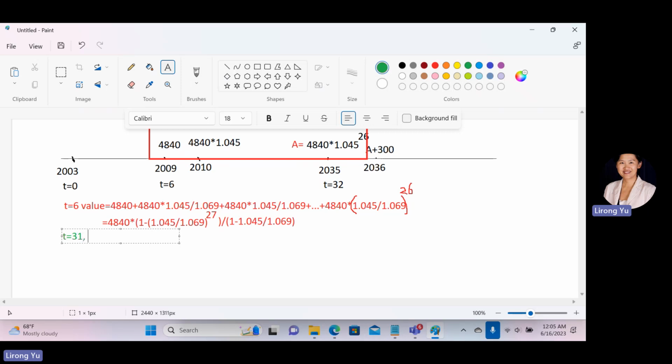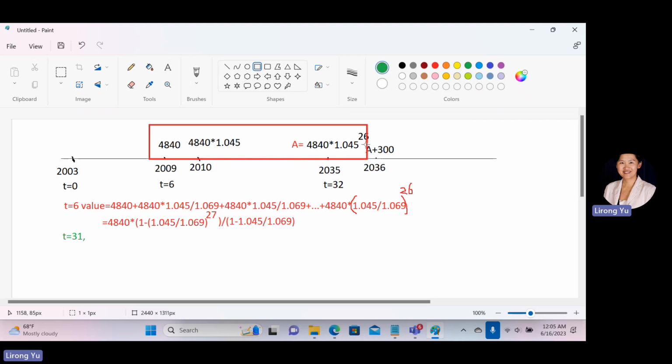Because the first payment is 4840 times 1.045. No, the first payment is A plus 300. Right, since the rest value is already added, the first payment should not count that one. That is going to be a problem. So there are the rest of the payments.